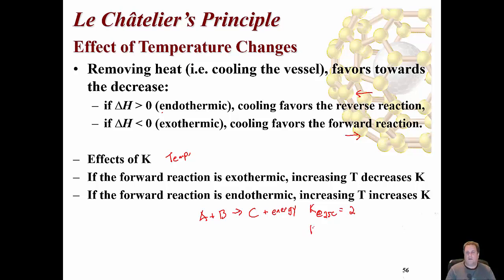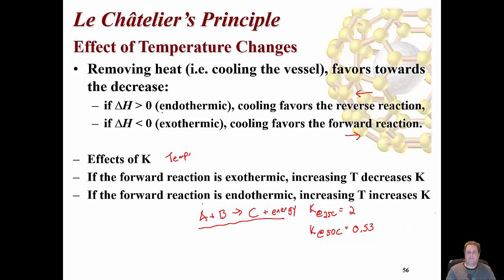At a higher temperature, say 50C, if the forward reaction is exothermic, which this is, K should be lower. So maybe it's 0.53. These have a correlation, but not something we can easily just see. It doesn't have to do with the exact magnitude of the change.